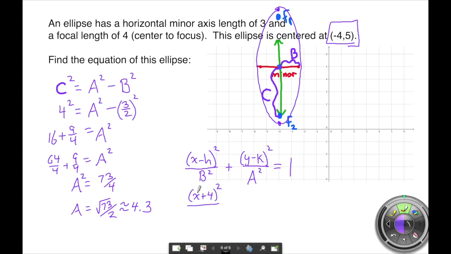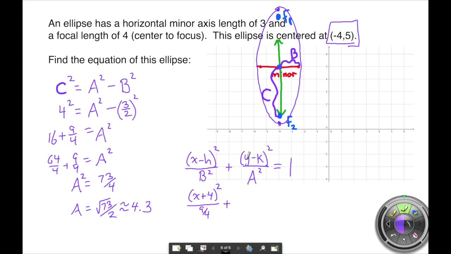b was equal to 3 halves. So, I'm sorry, b squared is what needs to go down here, so that's that 9 fourths. So we're going to put 9 fourths. Now, you can put 9 fourths in the bottom. It'll look a little funny, but we can fix it in a little bit.